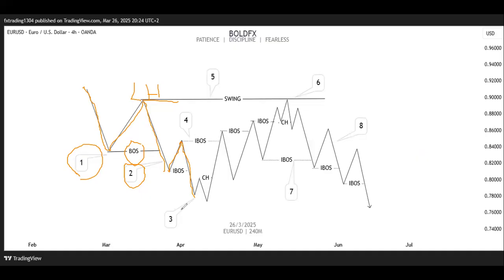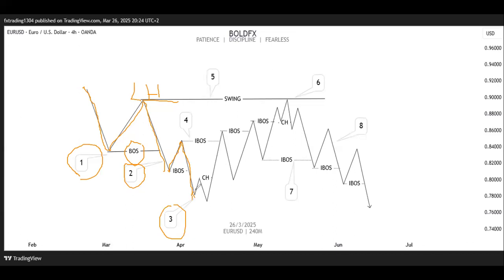So here at number 3, what can you identify now? At number 3, you can clearly see a bullish change of character. Remember, a change of character signals an internal starting.